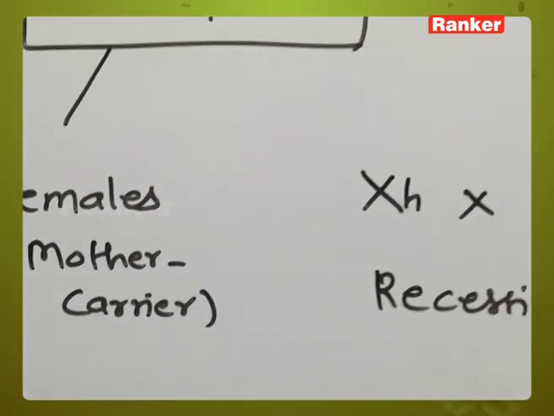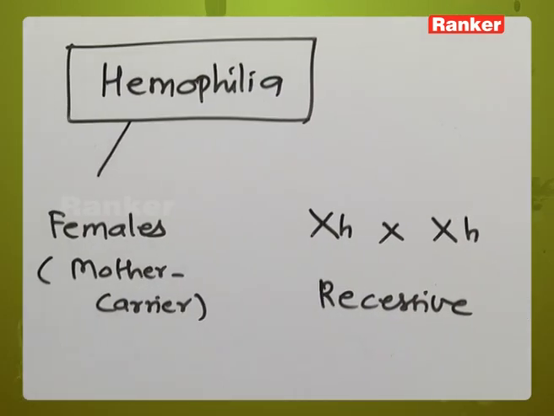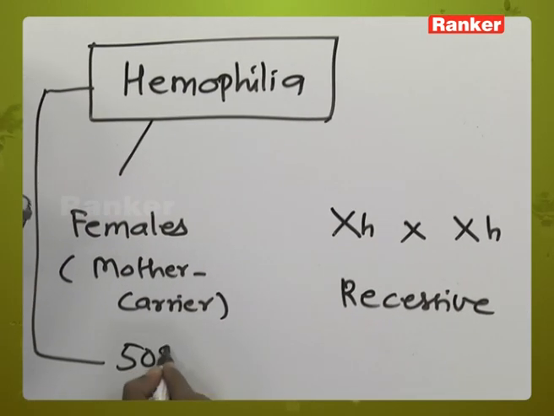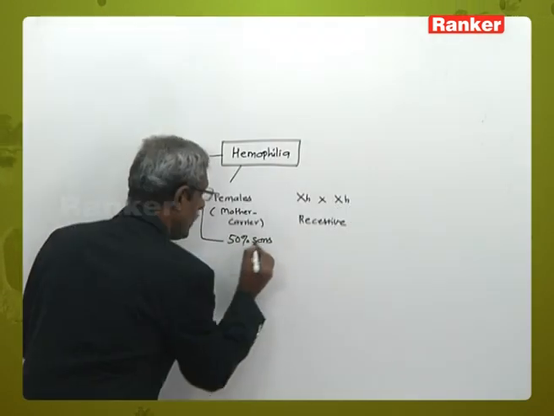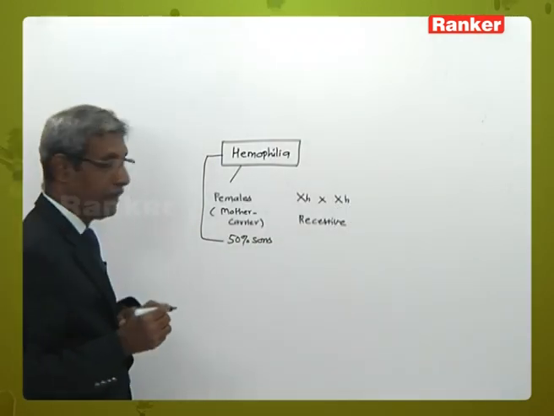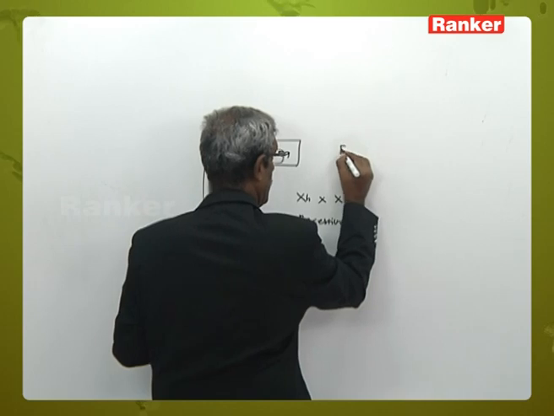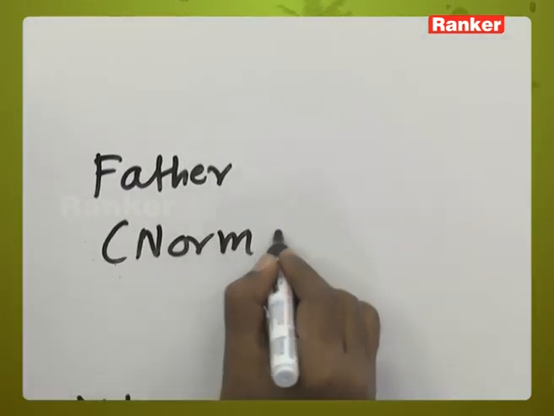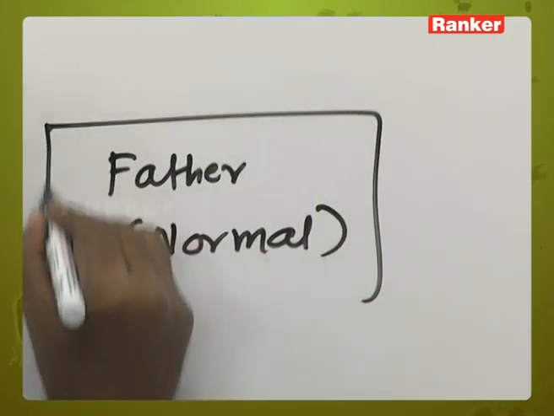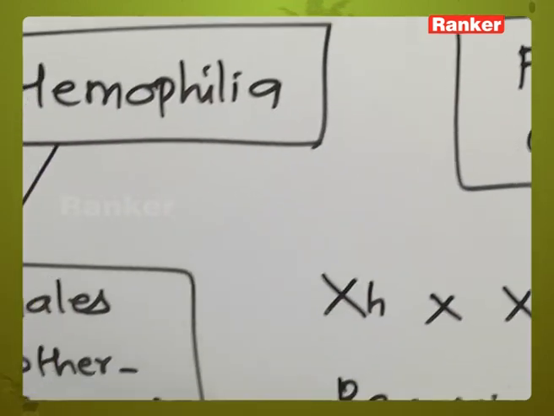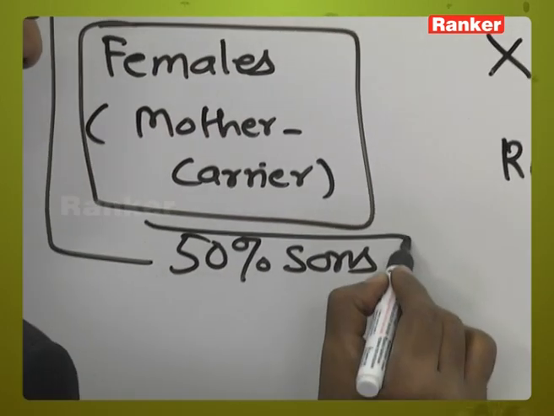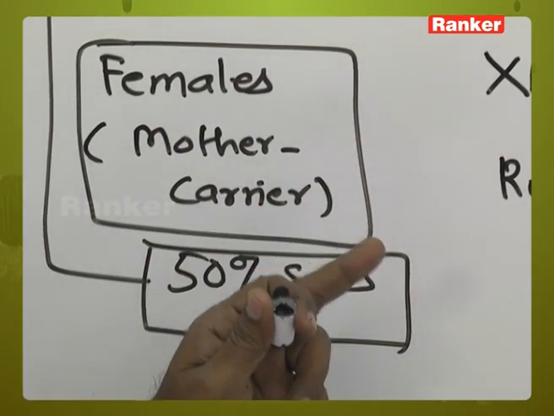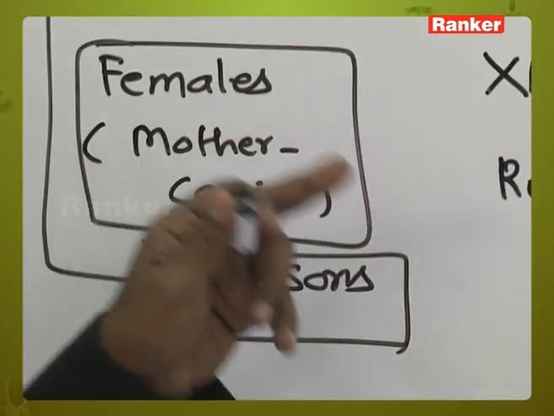So, transmission of hemophilia is 50% to the sons, even if the father is normal. Even if the father is normal, the mother is the carrier, and it is inherited by 50% of the sons. This is the normal trend of the sex-linked disorder related to hemophilia.